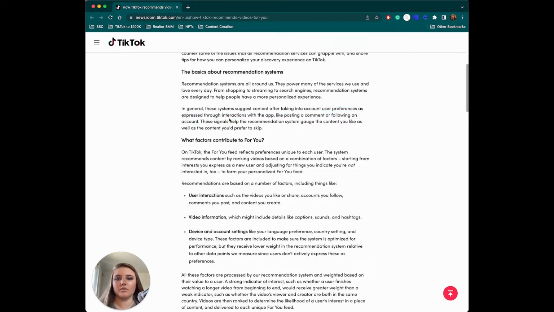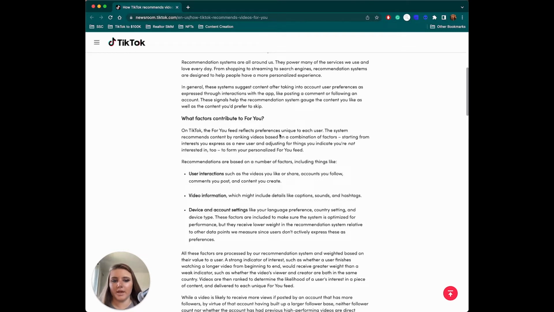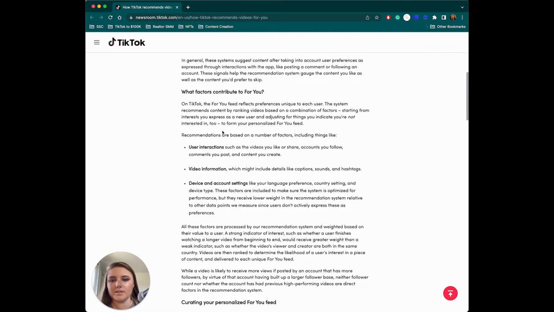This signals to the recommendation system to gauge the content the users like, as well as the content that users are likely to skip. So what factors contribute to the For You page? TikTok says here that the system recommends content based on a ranking system that's based on a combination of factors, starting from the interests you express as a new user, and then it adjusts for things that you indicate you're not interested in too, to form a personalized For You page.